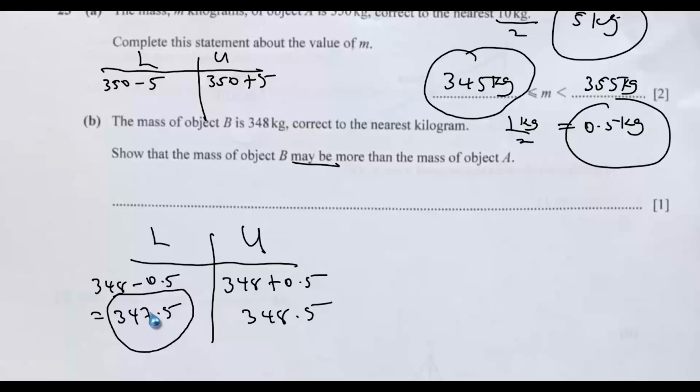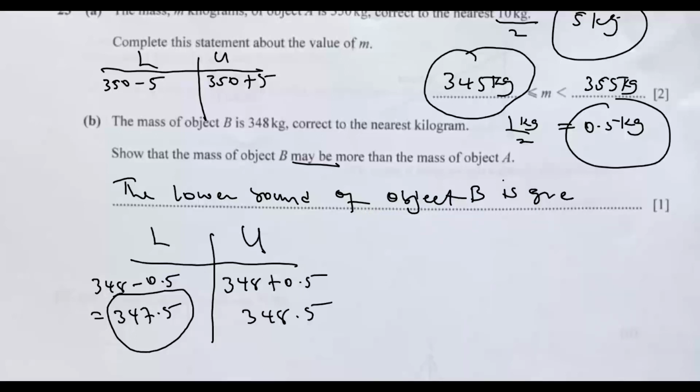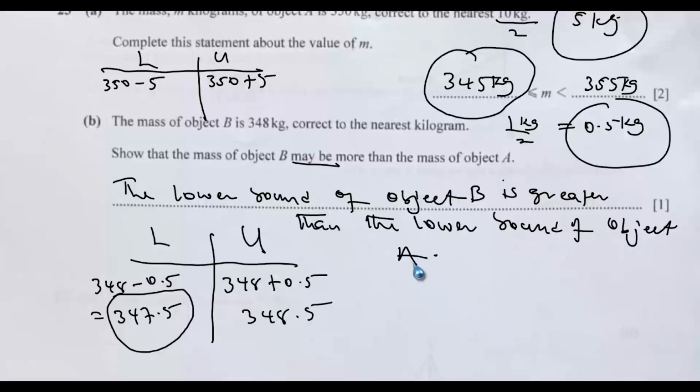So here you can see that the lower bound of object B is greater than the lower bound of object A. That is where the possibility lies.